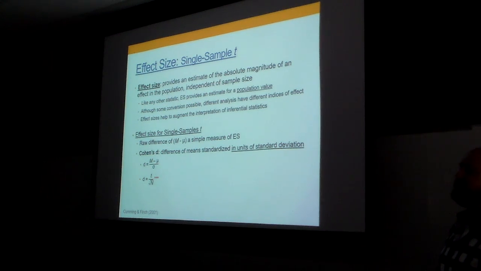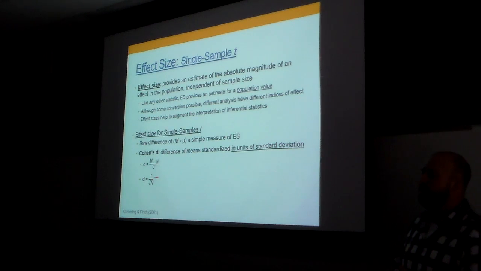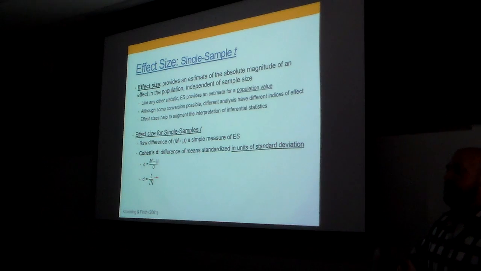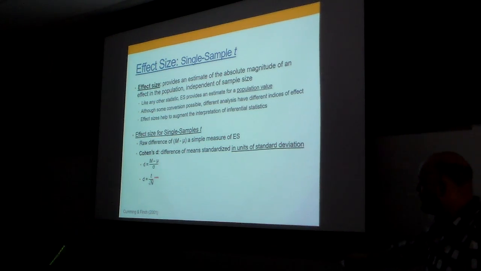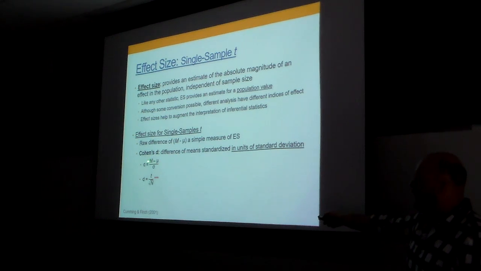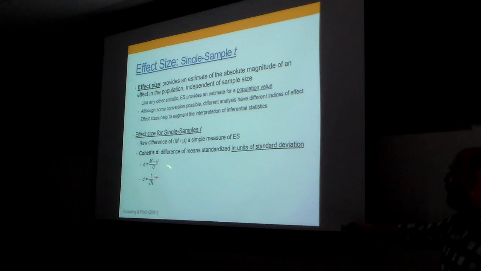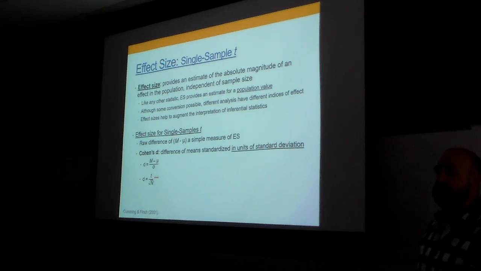Haley, I tell you I have a Z-score of 2. Is that big or is that small? It's decent size, right? Same thing with D, right? Is not different. All we're doing for a single sample test is taking the difference between our observed minus our expected or our null, and we're dividing that by our standard deviation.